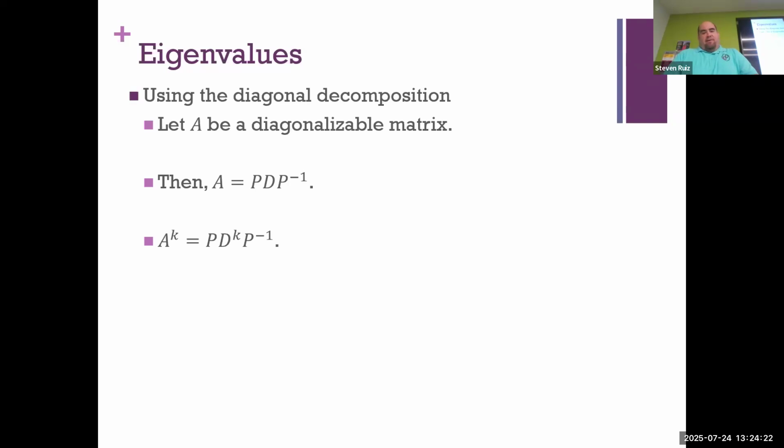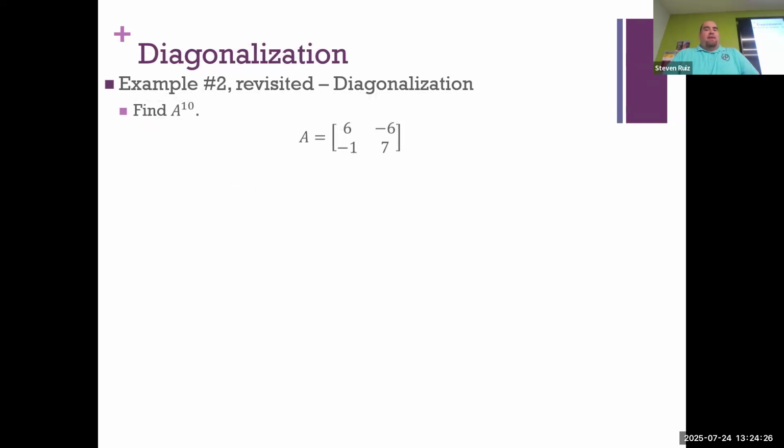Okay, so now let's do that here. But we have to find those matrices, right? So how do I diagonalize A? Find the eigenvalues. Where do those come from? A minus lambda I, which is 6 minus lambda, minus 6, minus 1, 7 minus lambda.